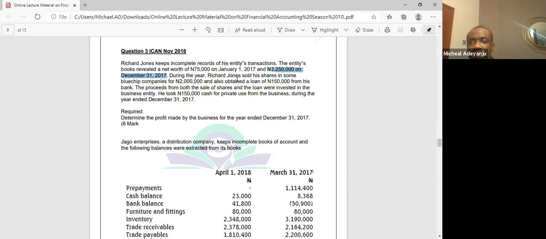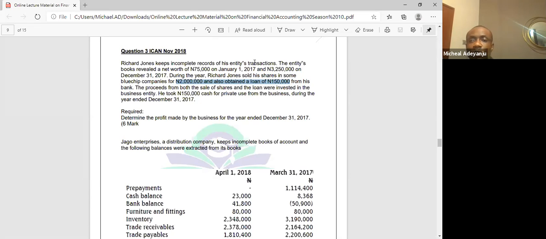During the year, he sold part of his shares of the company for 2 million naira and obtained another loan of 150 from his bank. The proceeds from the sale of shares and the loan were invested back into the business entity. So these two are new capital introduced.